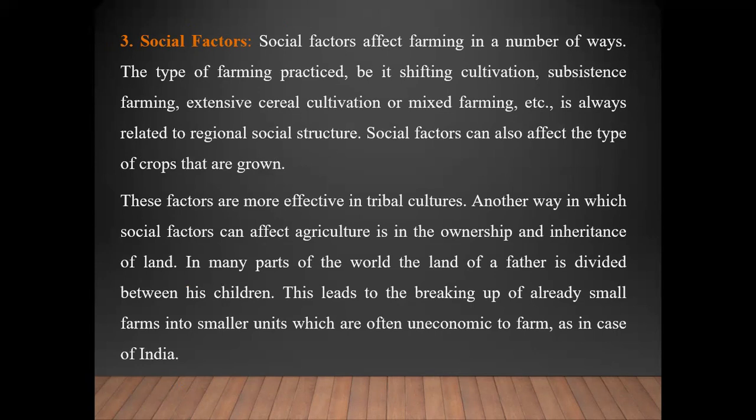Another way in which social factors can affect agriculture is in the ownership and inheritance of land. In many parts of the world, the land of a father is divided between his children. This leads to the breaking of already small farms into smaller units or holdings, which are often uneconomic to farm, as in the case of India.